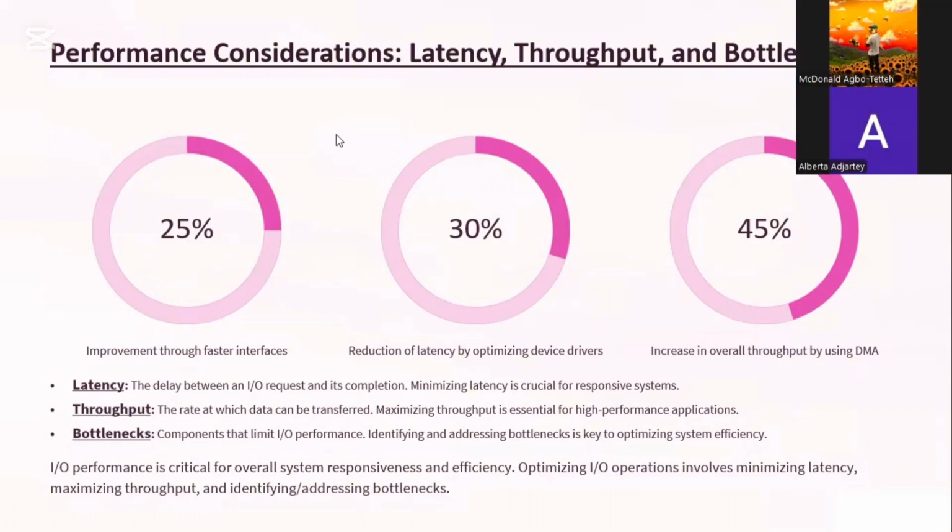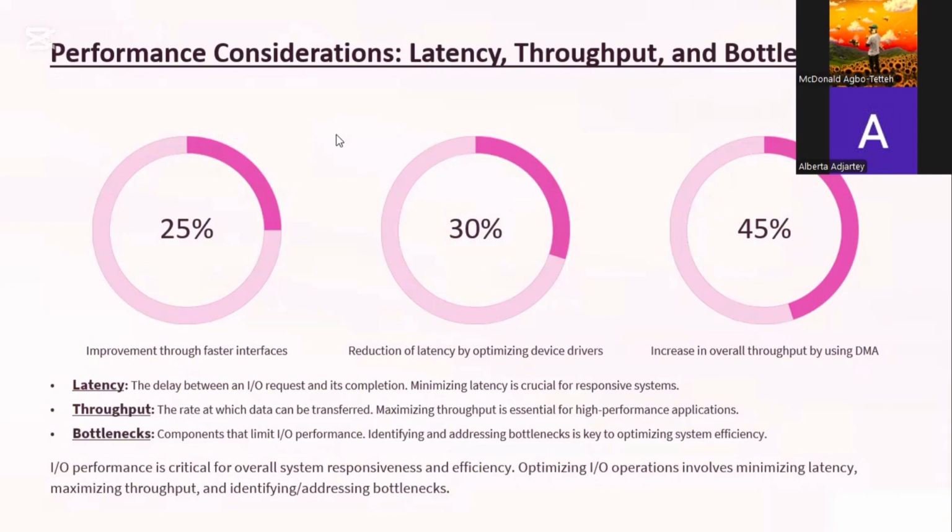Performance consideration: latency, throughput and bottlenecks. So we are taking the latency. The delay between an input and output request and its completion. Minimizing latency is crucial for responsive systems. And the throughput, the rate at which data can be transferred. Maximizing throughput is essential for high-performance applications.